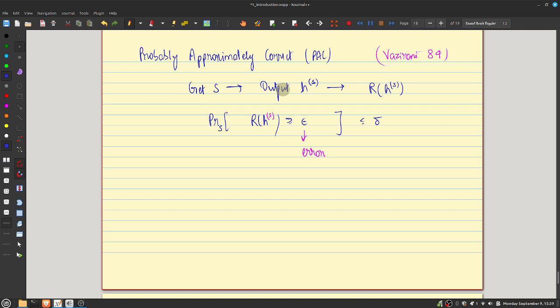So here I'm not... What do you mean R_S of h is not minimized? That's okay. Again, I'm not worried about the complexity of finding h_S, right? I'm assuming you have all the computational resources in the world.